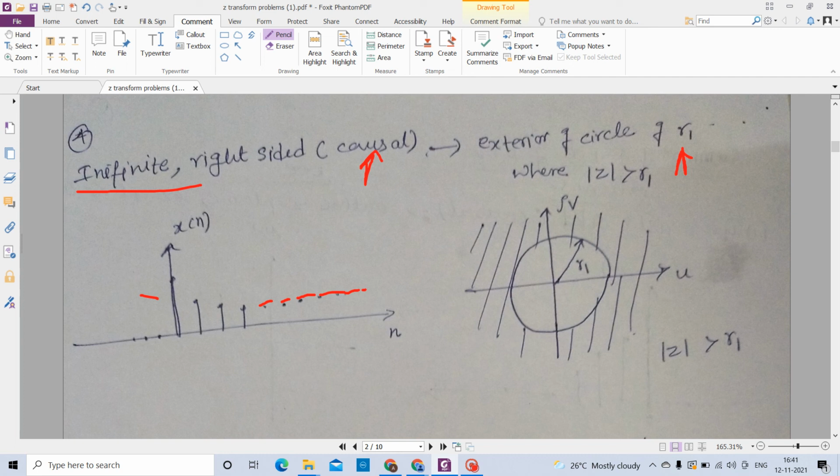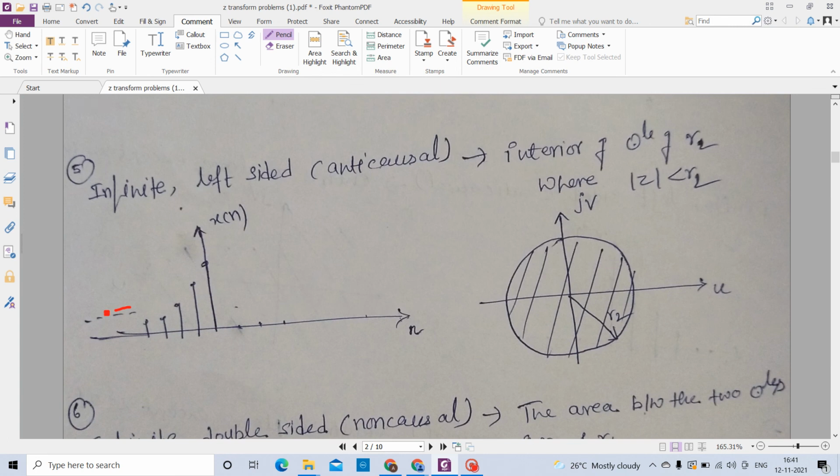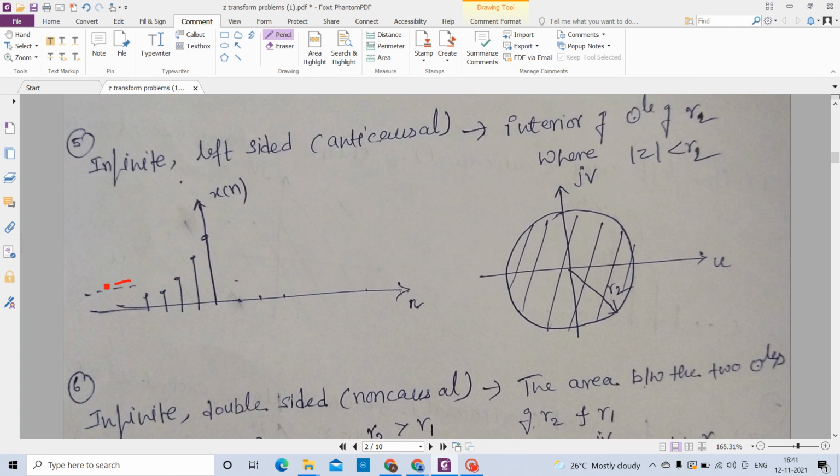If the sequence is infinite and it occupies the left side, this is the graphical representation of an anticausal sequence. Then the region of convergence occupies the inside of the circle of radius r2.